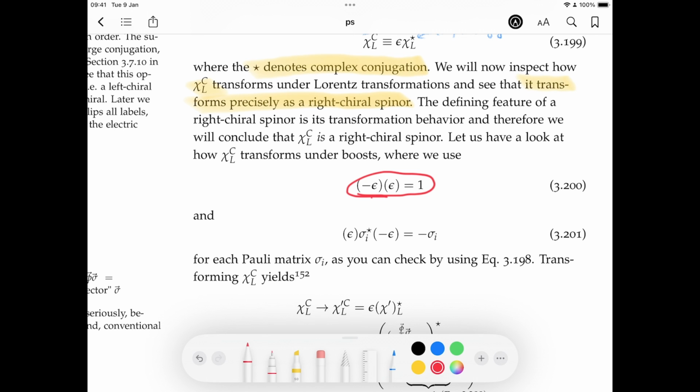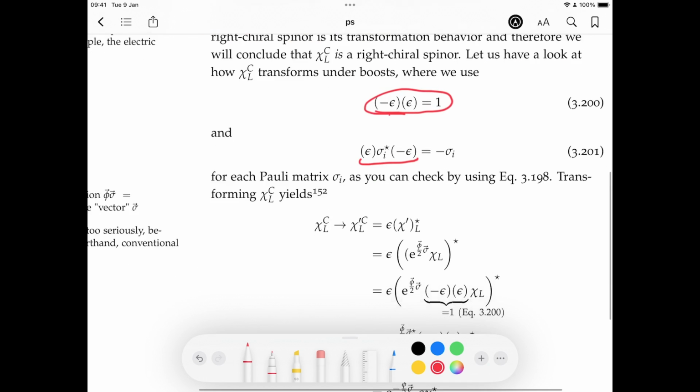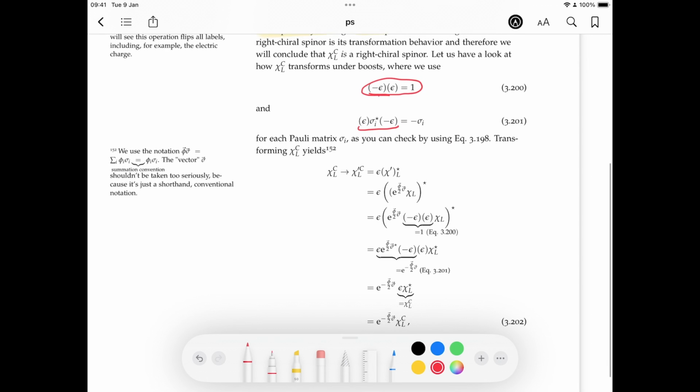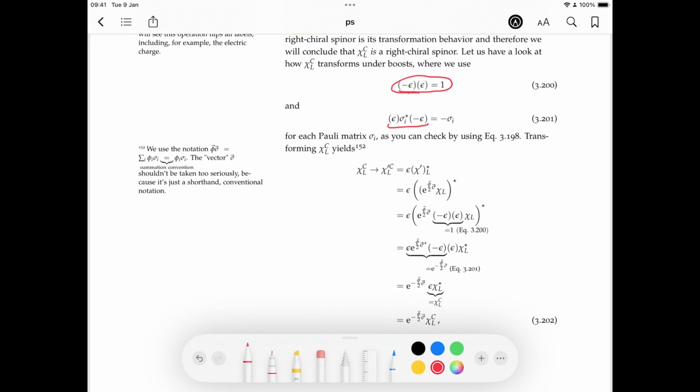And it also has this relationship with Pauli matrices, where a sandwiched conjugated Pauli matrix is actually equal to minus sigma_i. So what happens here is that we are asking how the conjugated spinor transforms, and we will just take a look at the results.